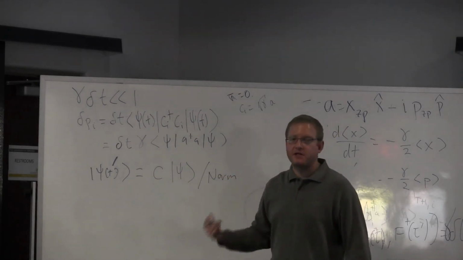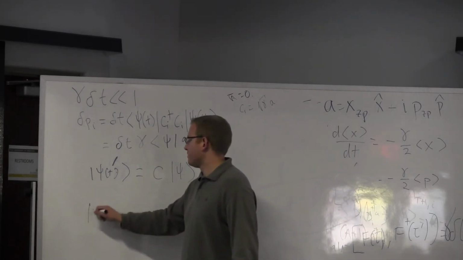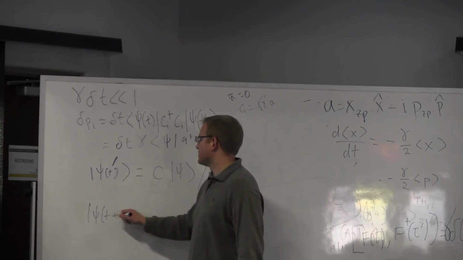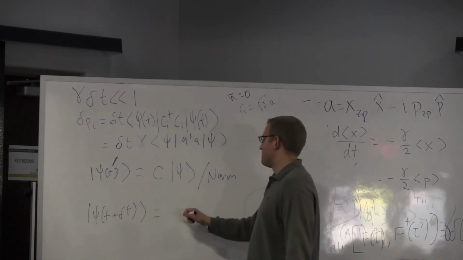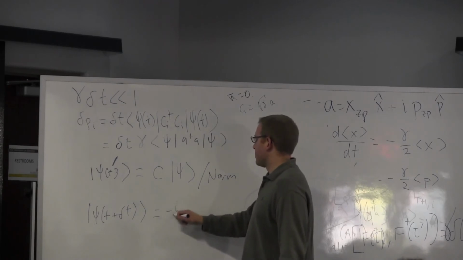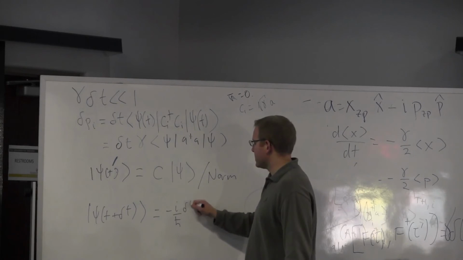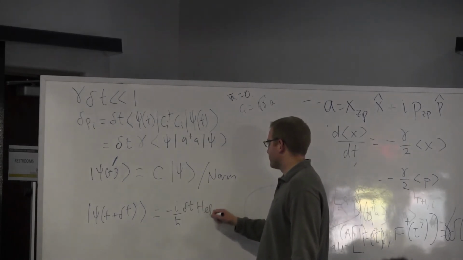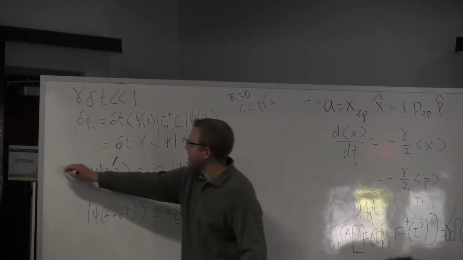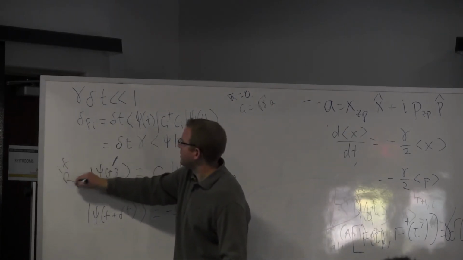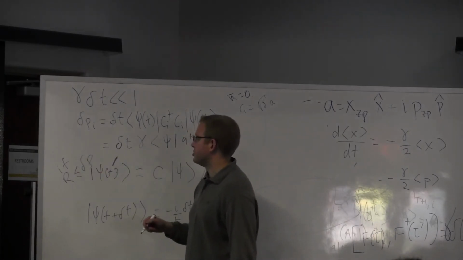And if there is no jump, then I just do the free evolution, psi of t plus delta t equals minus i over h bar times delta t times h effective, acting on psi. So if the random number is small enough, there's a jump.